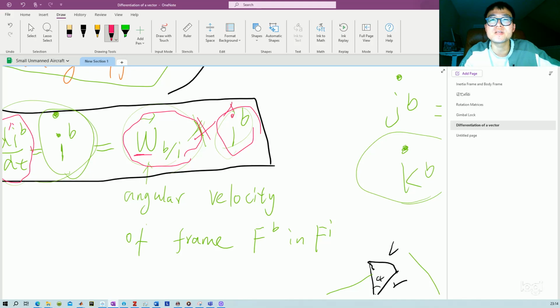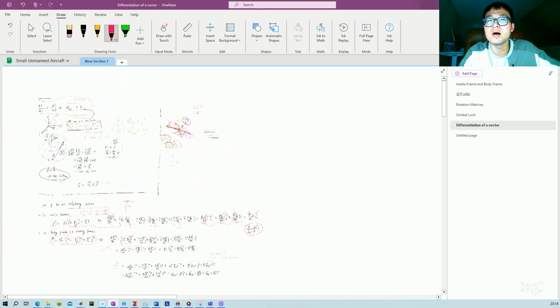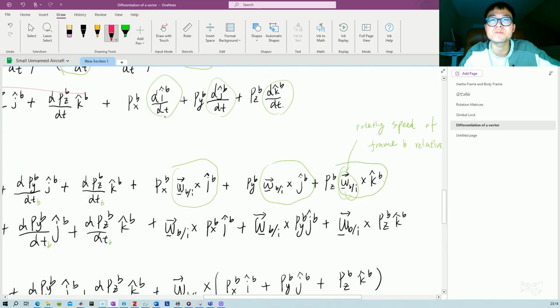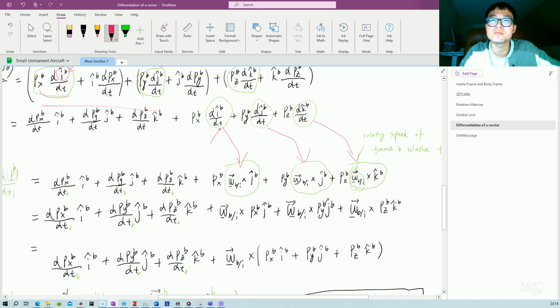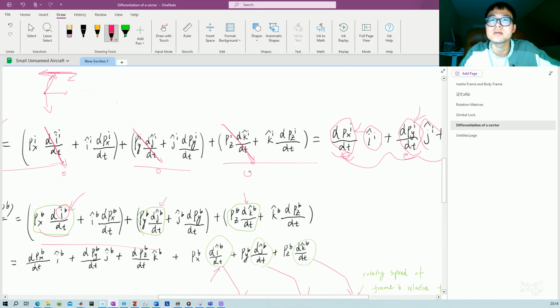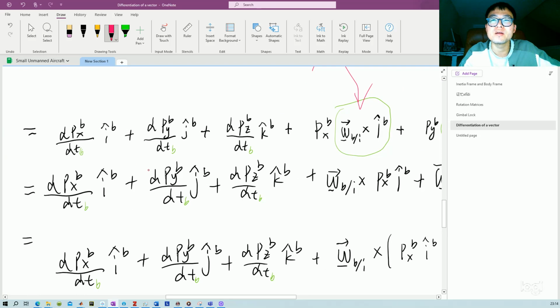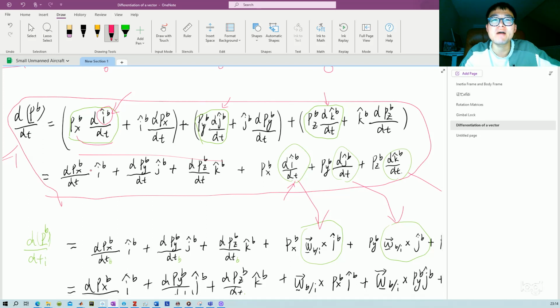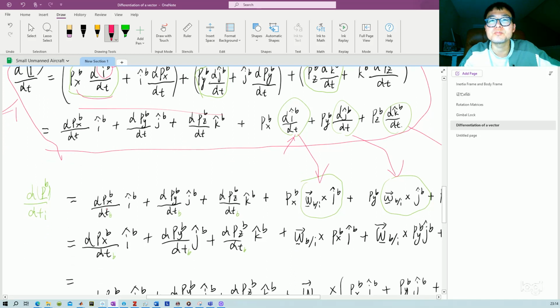So we proved this. That's why you can substitute this here. And again, it's not zero. If it were zero, it would be as simple as the inertia frame. But this is a more general case. We haven't talked about with respect to which frame. We are just taking a time derivative. And be careful here.